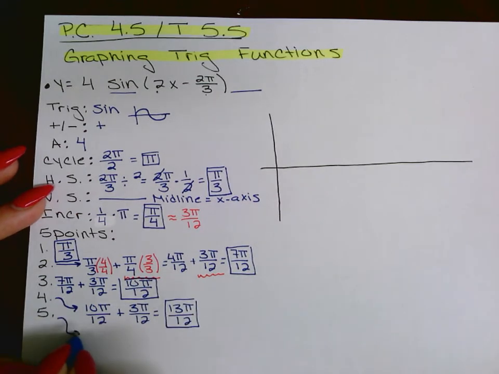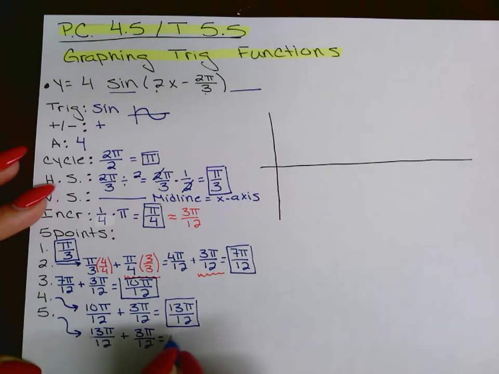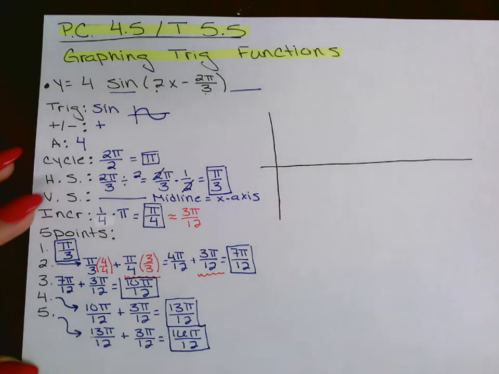And then my fifth point, previous point, which is 13 pi over 12, plus my increment, which is 3 pi over 12 equals 16 pi over 12. If you have the serious urge to reduce, now is when I'd encourage you to do it. Don't do it until you're done adding, but I will give you full credit, homework, quiz, and test if you keep them not reduced, okay?